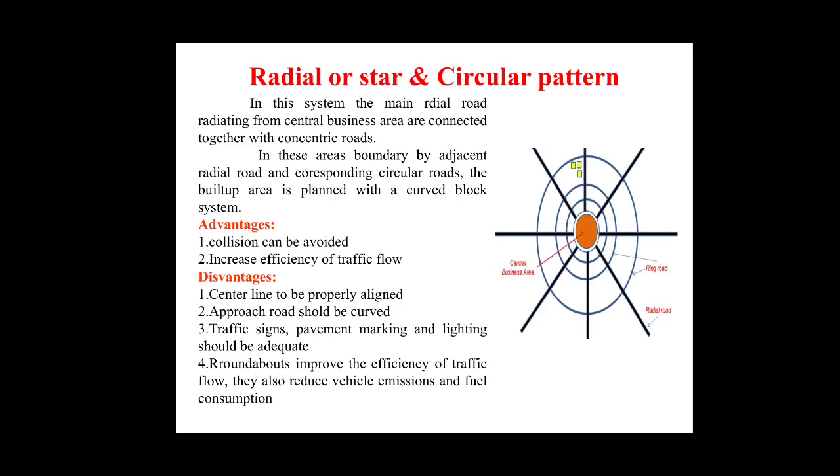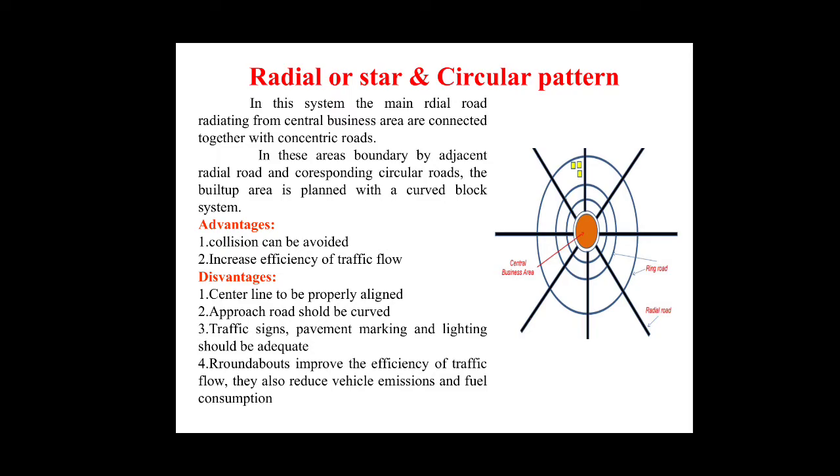The interconnecting of the roads converging towards the central business area and those of the circular roads helps for better circulation of the traffic, and collisions can be avoided. The disadvantages: the center line has to be properly aligned as it is considered in a circular form.